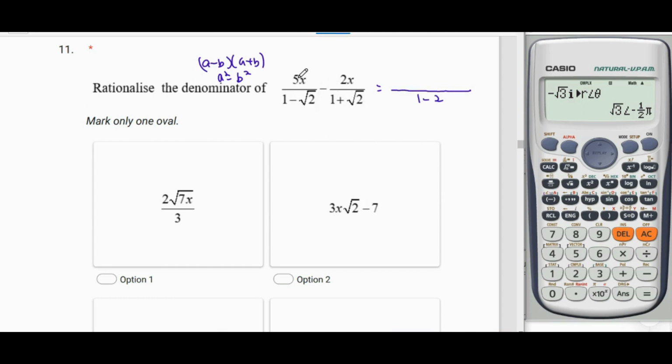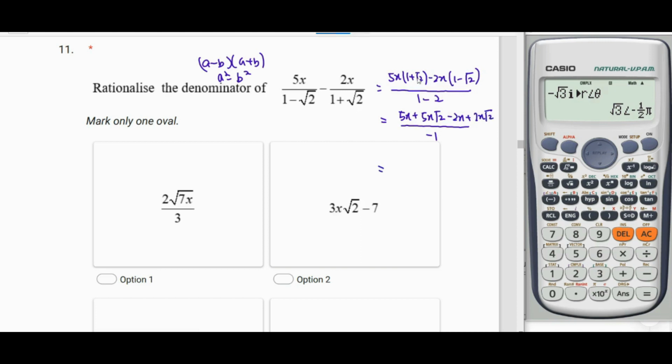Then for the denominator here, 1 minus 2 will give you negative 1. For the numerator, we expand: 5x plus 5x sub 2, then minus 2x plus 2x sub 2.